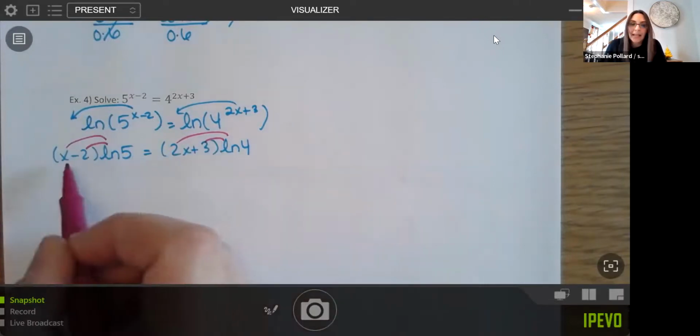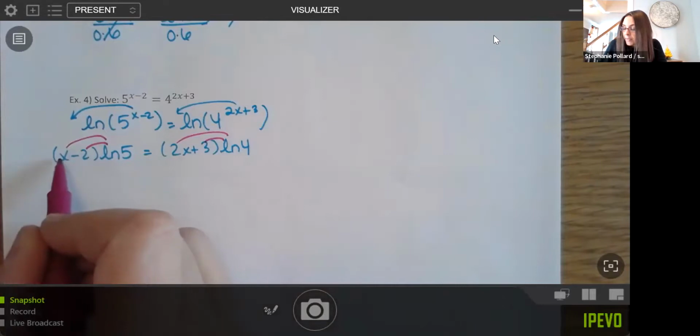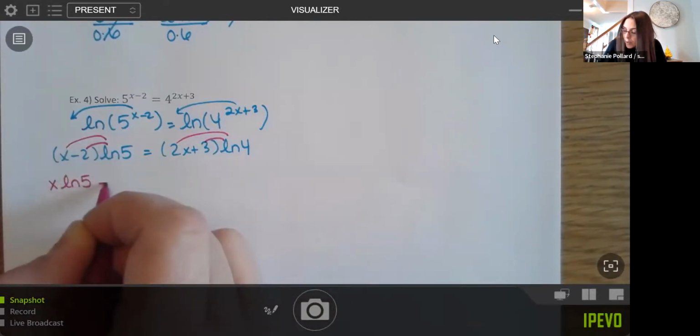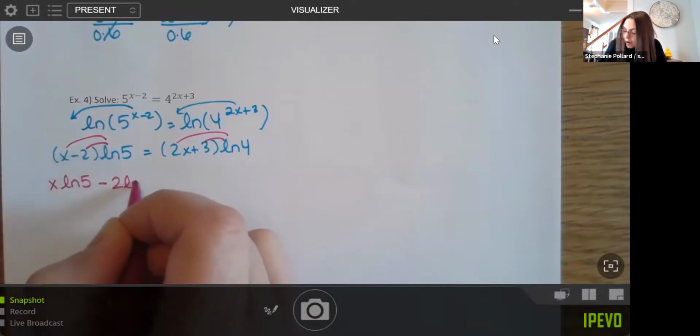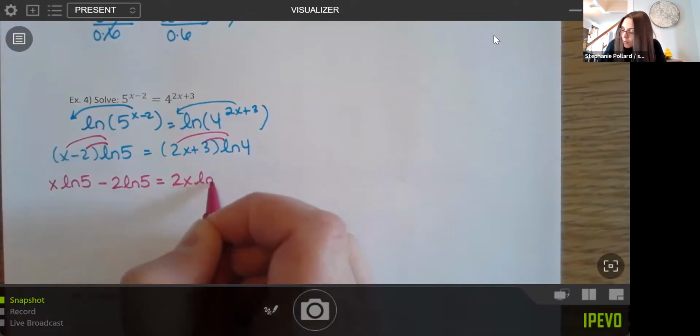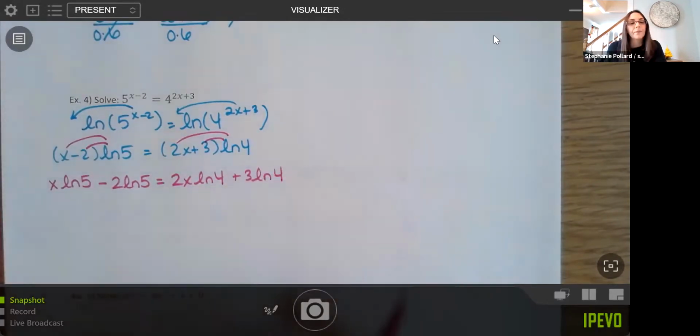I know it's a little weird to think about multiplying with natural log of 5, but it's just a number. So x times natural log of 5 is just x natural log of 5 minus 2 times the natural log of 5. Here I have 2x times the natural log of 4 plus 3 times the natural log of 4.